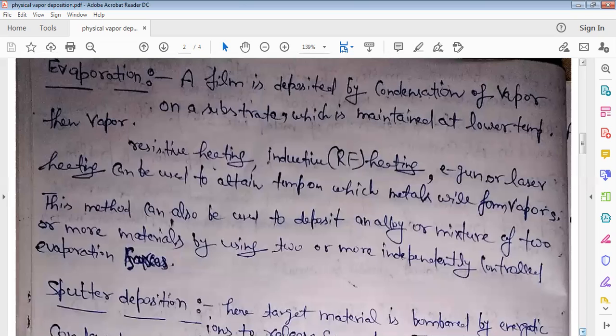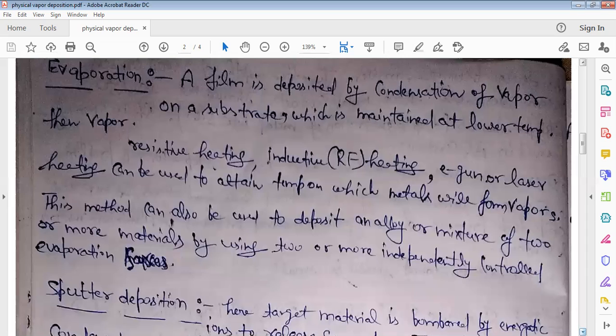All these approaches can be used to convert metal into vapor. Once it has been converted, it is transported from the source to the substrate, and then condensation takes place. This is very simple vacuum evaporation.